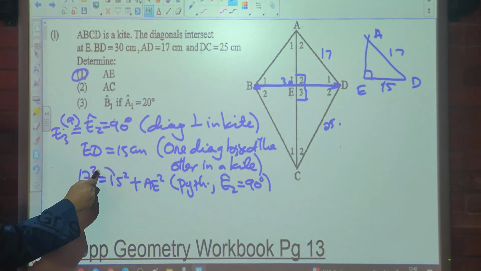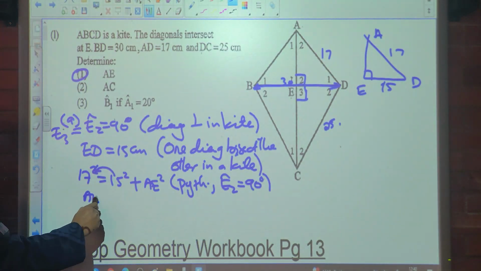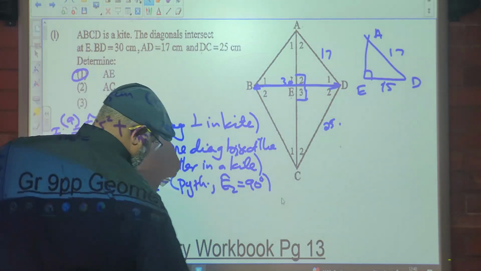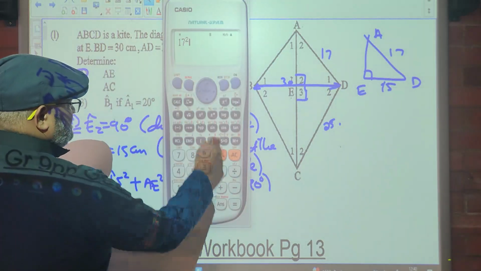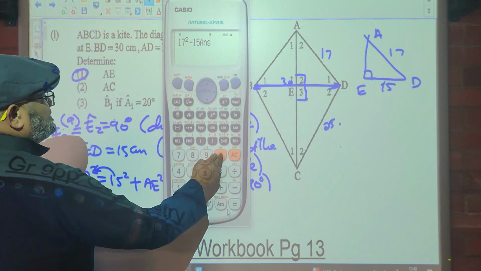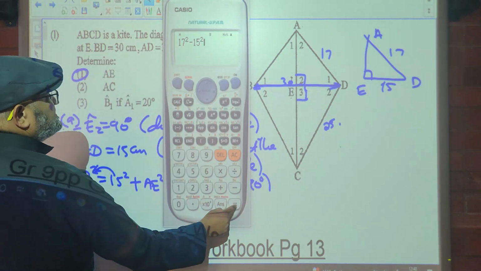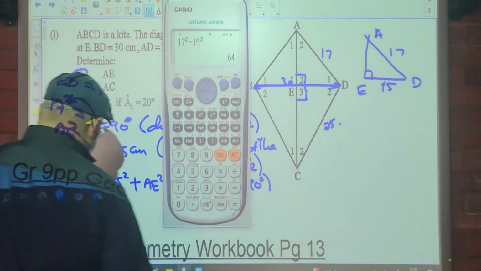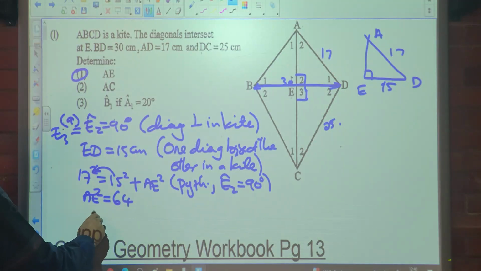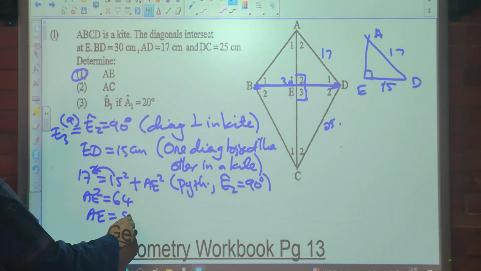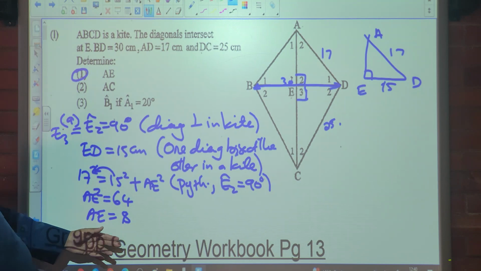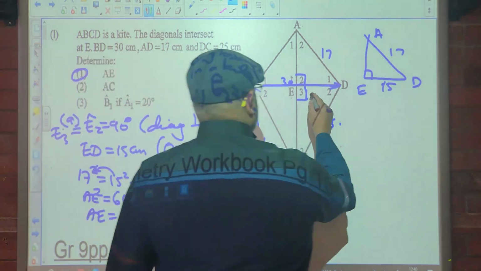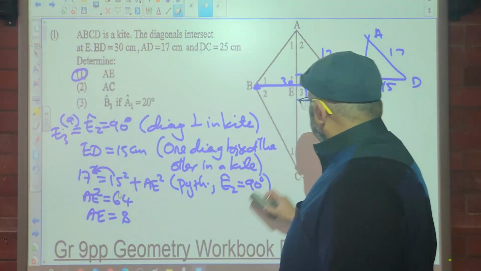So it's going to be 17 squared minus 15 squared, which gives us 64. So therefore AE is going to give an answer of... can this be negative? No. Yes, that's going to be 8.